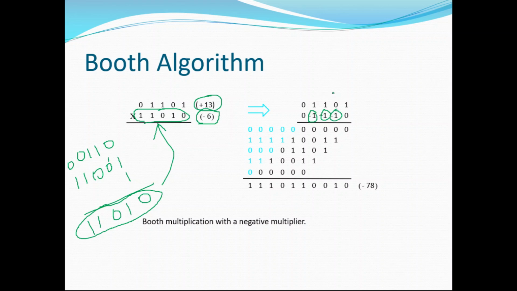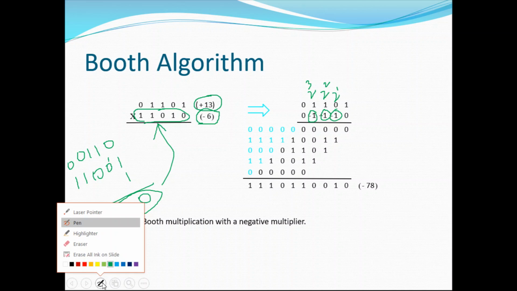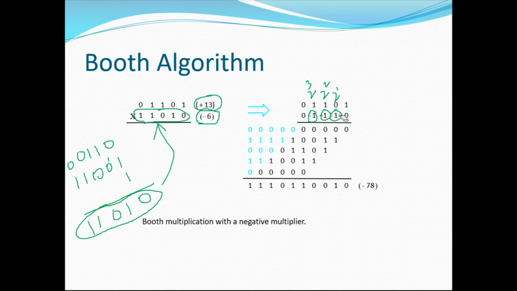This is 2 to the power 1, this is 2 to the power 2, this is 2 to the power 3. 2 to the power 1 is 2, but this is minus 2. 2 to the power 2 is 4, but this is plus 4. 2 to the power 3 is 8, again this is minus 8. So minus 8, minus 2 is minus 10, plus 4 is minus 6.